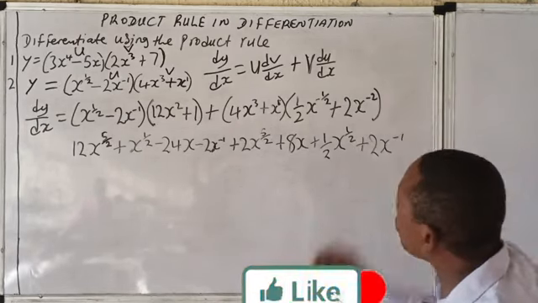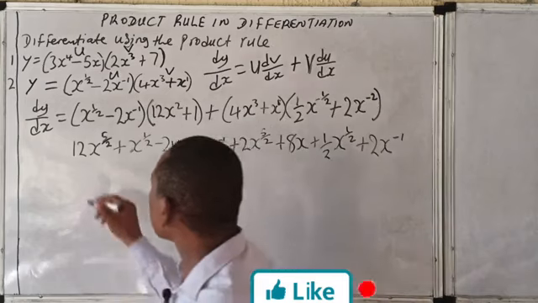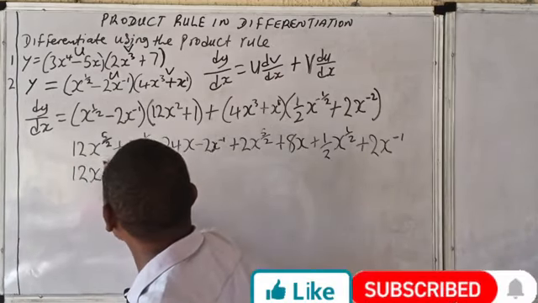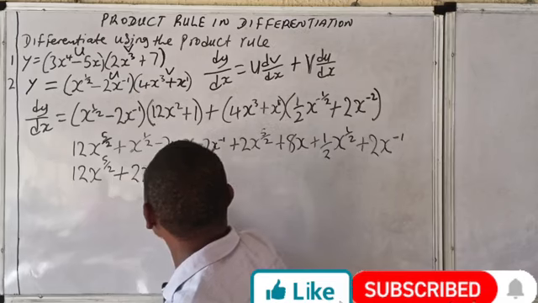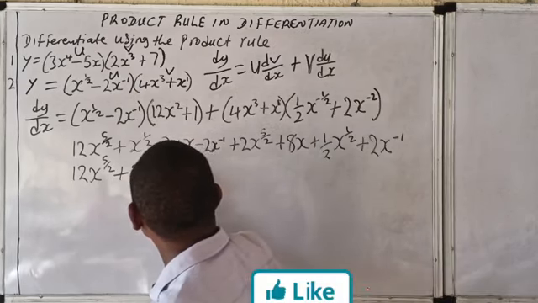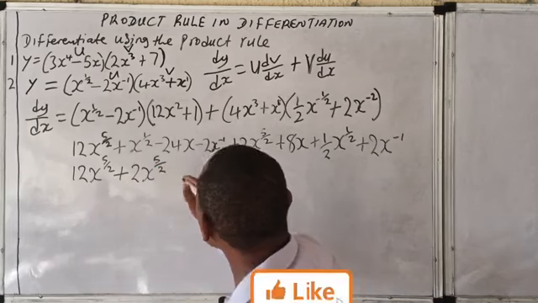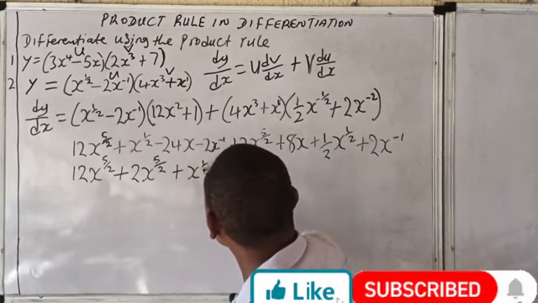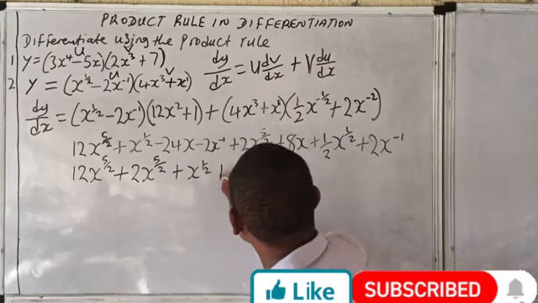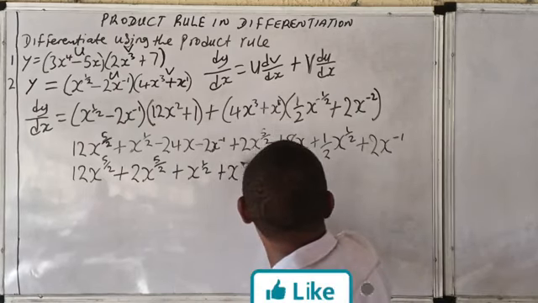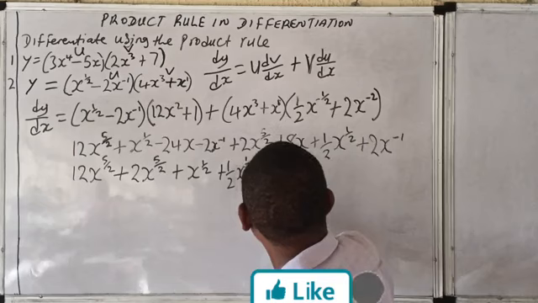The only thing that you just need to do is collect like terms. So let's collect like terms. This and this, they are like: 1/2 x^(5/2) plus 2x^(5/2). Okay. Which other one is alike? This x raised to power half, and this, they are alike. Plus 1 over 2 x raised to power half.